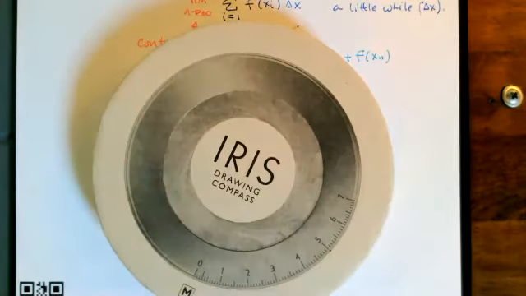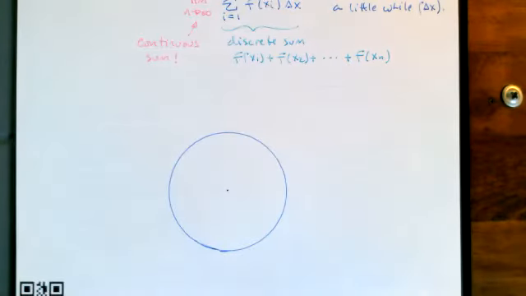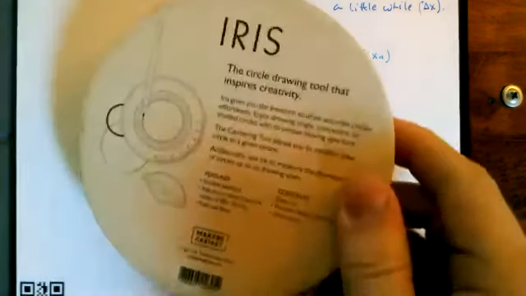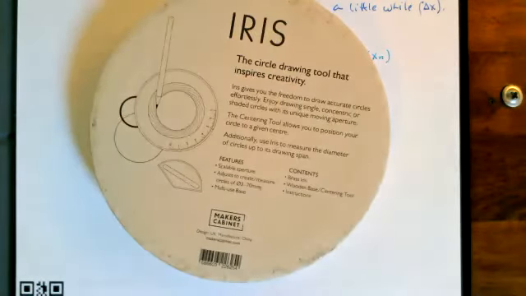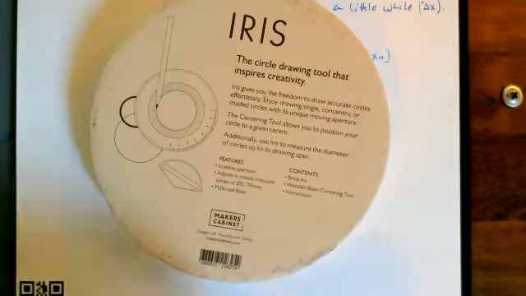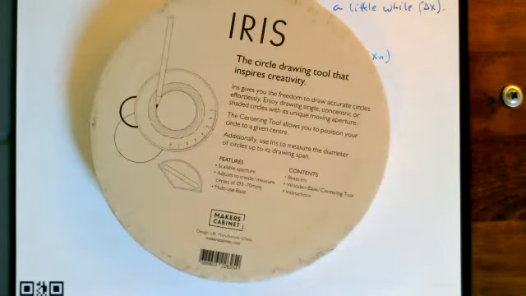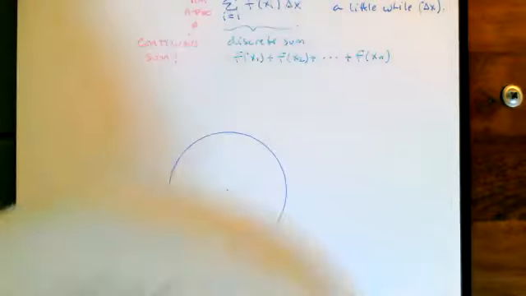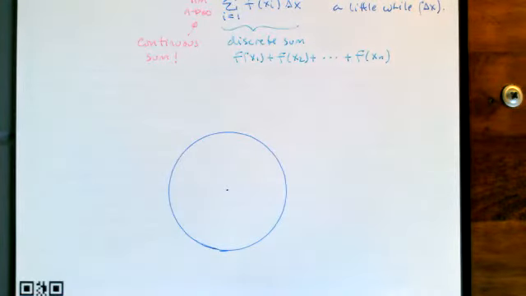So I saw it on Kickstarter, and then yeah, here's the information. Not sponsored by this, not sponsored by Maker's Cabinet, but if you draw circles a lot, then go check out Maker's Cabinet. They have a lot of cool stuff.